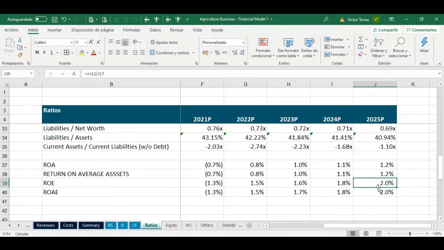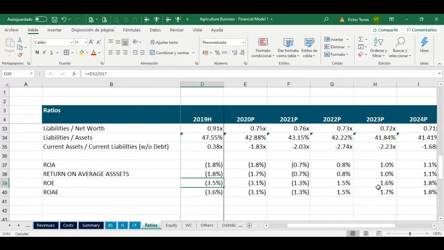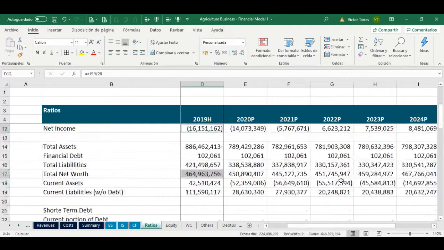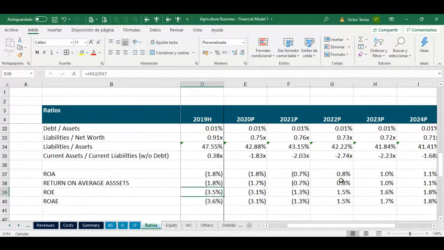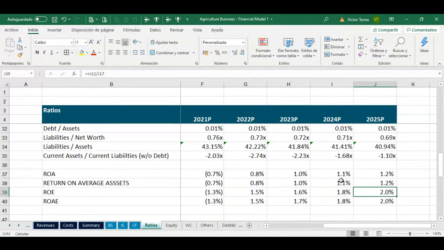Realize that the number is kind of low in this particular scenario, and this should be the return that the shareholders are expecting. But obviously, a shareholder will probably not be expecting a 2% return on their investment. That's not something they are aiming for. This is the result of the estimation that we're putting, and we're going to tweak those numbers going forward and try to come up with a better estimation as a whole.